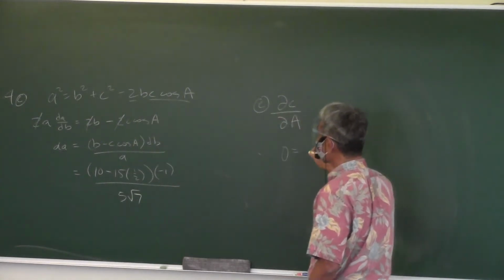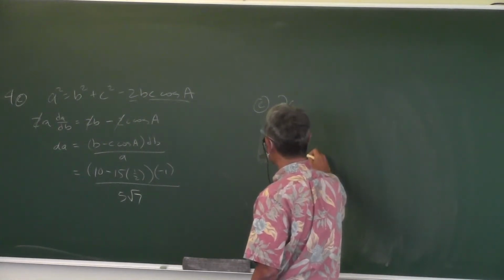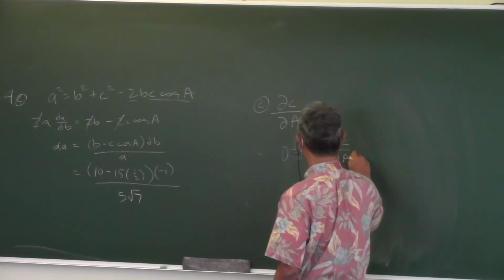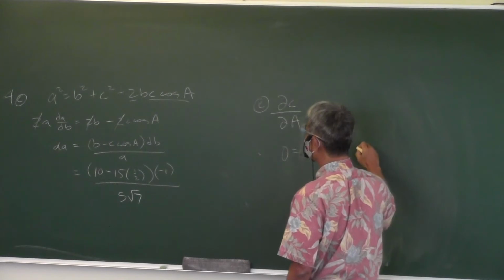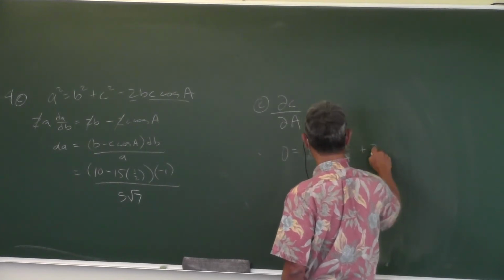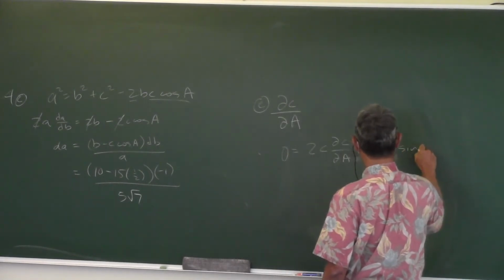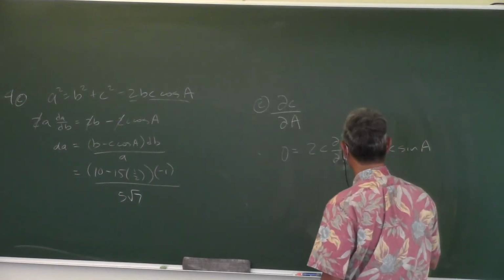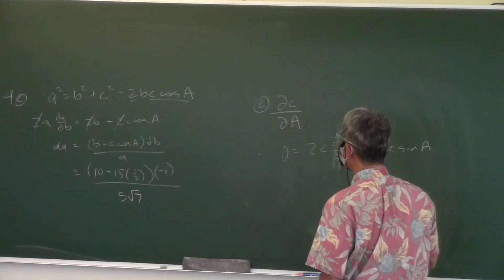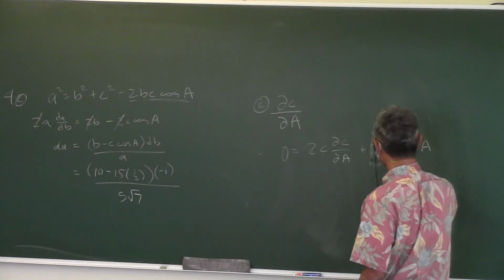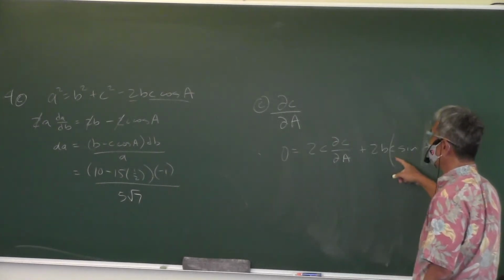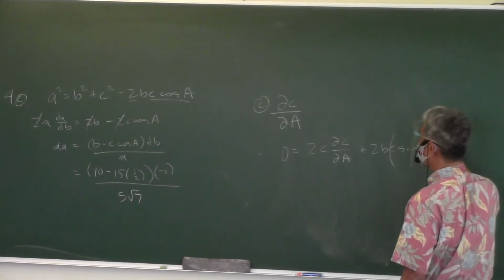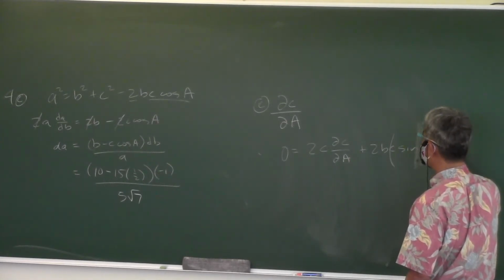Okay, continue. 0 equals 2C del C over del A, plus 2BC sine capital A, minus 2B cosine capital A, del C over del A. Okay, I missed that. Did you say C sine A minus 2B, minus?